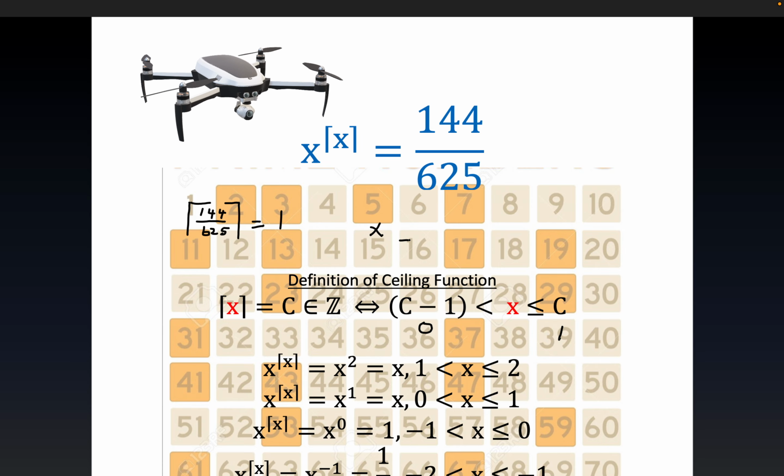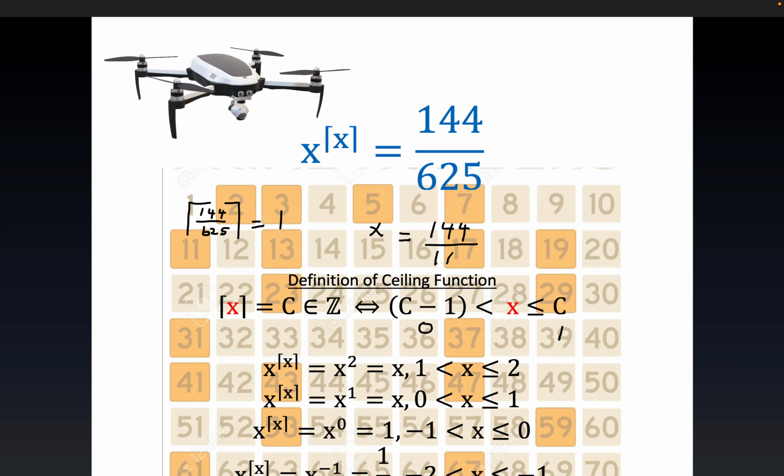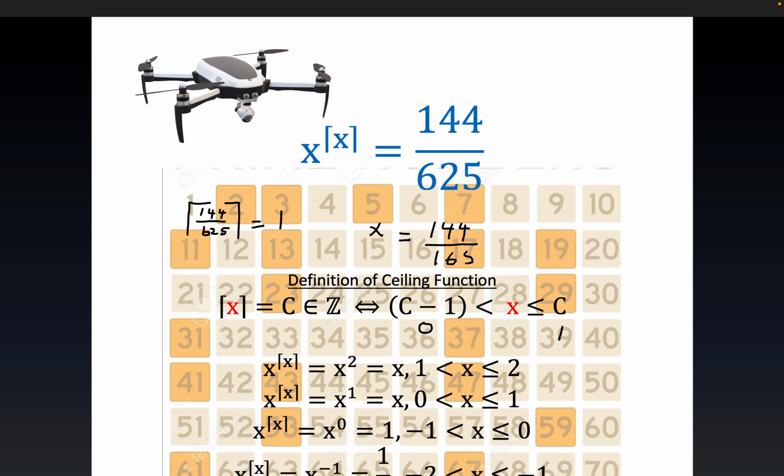By inspection almost, if you're familiar with the ceiling function, x is equal to 144 over 625, because it's effectively just the identity function in that particular interval, all the numbers between 0 and 1. So x equals 144 over 625 is what a lot of people would call the trivial solution.